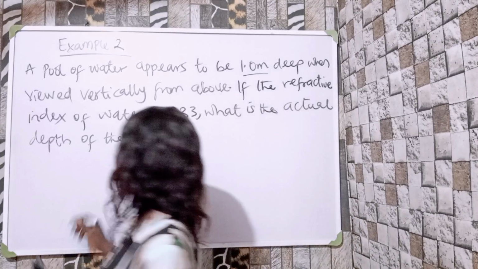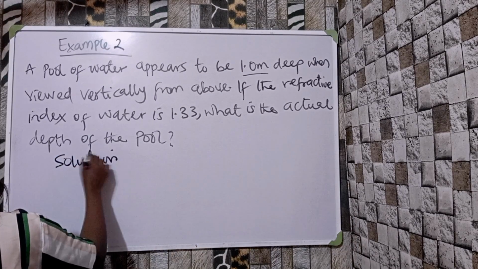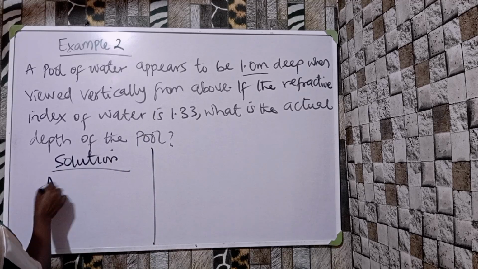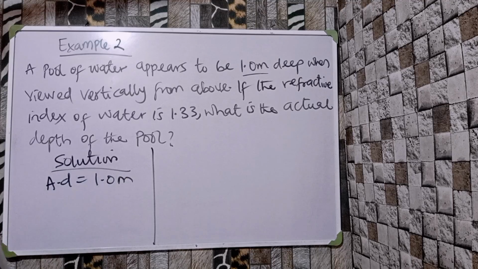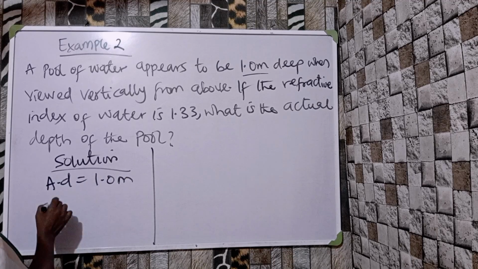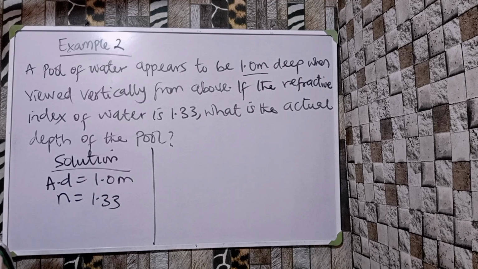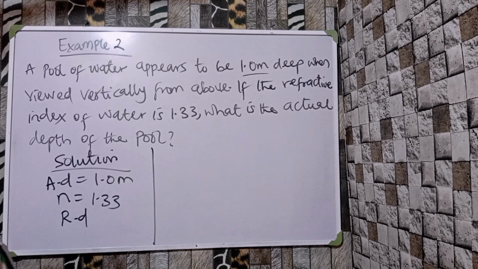Let's set our parameters. We have solution. Our apparent depth is given as 1.0 meters when viewed vertically from above. If the refractive index n is equals to 1.33, we're looking for the actual depth, which is the real depth, okay.